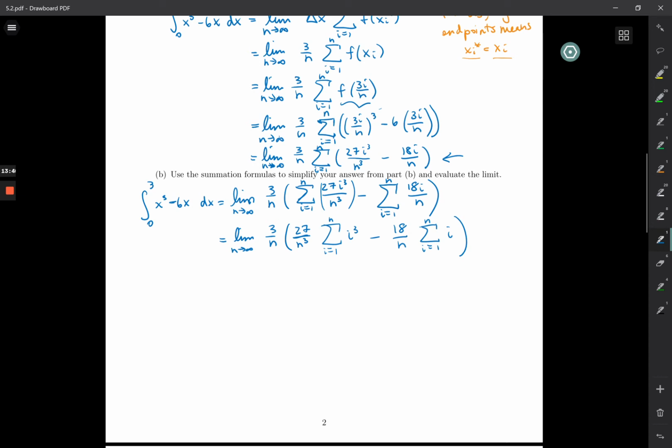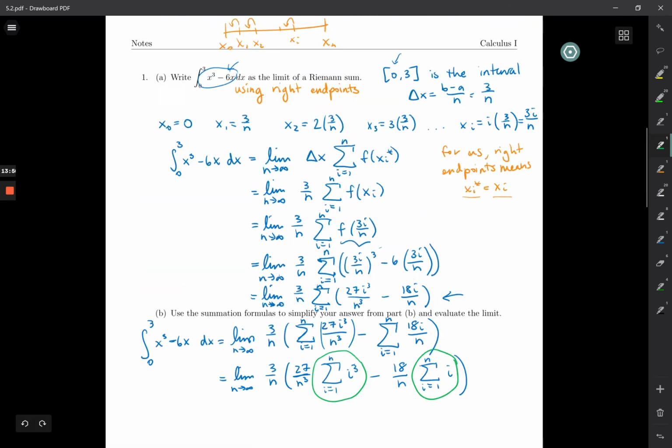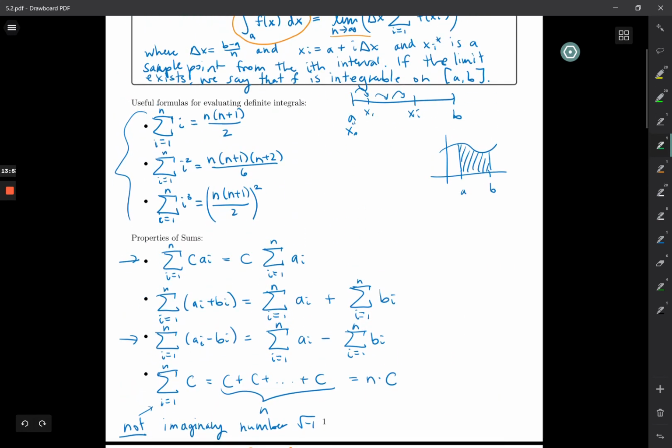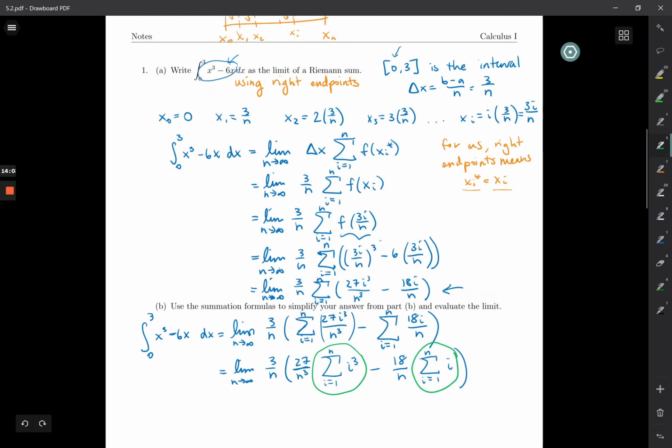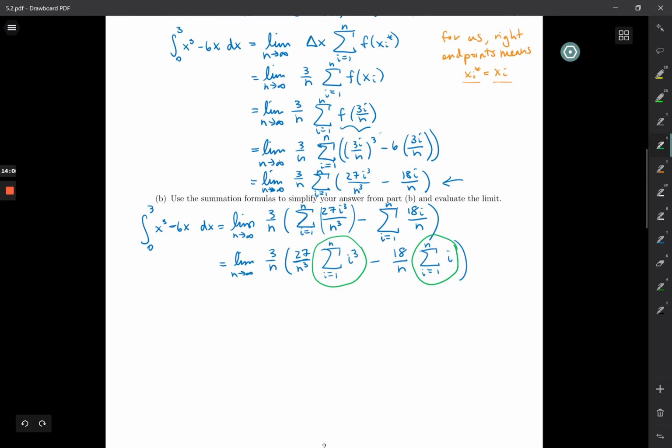Now we have two sums that correspond to formulas that we were given up here. We have the sum from i equals 1 to n of i, and we have a formula for it, and also i cubed is one that we have a formula for. So we're going to replace those with the formulas.